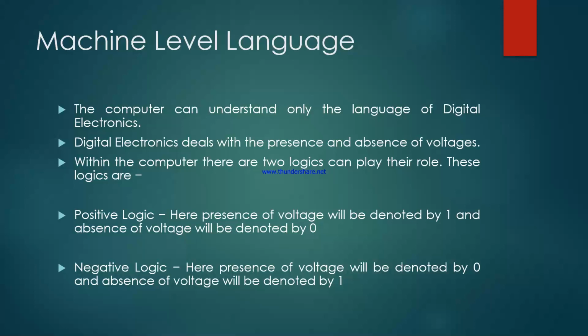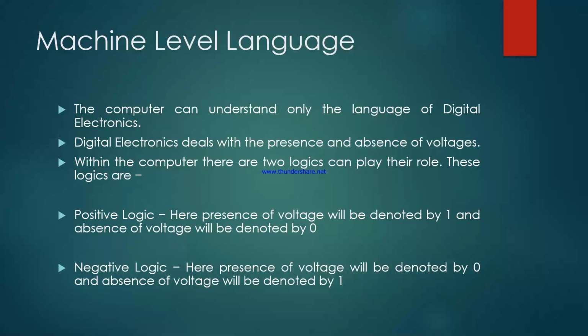In positive logic, the presence of voltage will be denoted by 1 and the absence of voltage will be represented by 0. So 1 is used to represent the presence and 0 is used to represent the absence of the voltage signal.